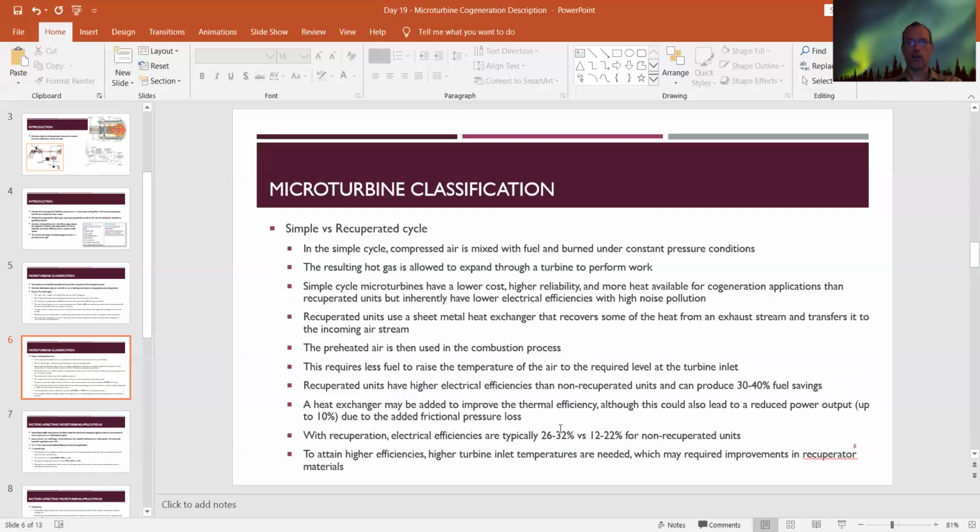So most of these that you see on the market are actually recuperated to give you the higher electrical efficiency. If you want to get higher efficiencies, you're going to need higher turbine inlet temperatures, and that might require improvements in the recuperator materials. Materials, as of right now, can't handle temperatures higher than that. But again, research is being done into this to try to raise that temperature and raise the efficiency. Obviously, we want to make these things better.